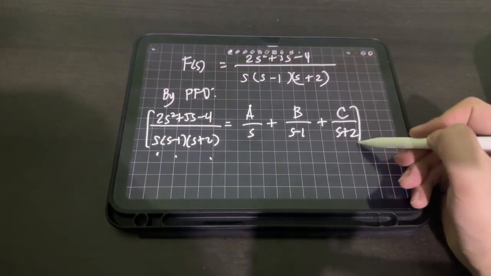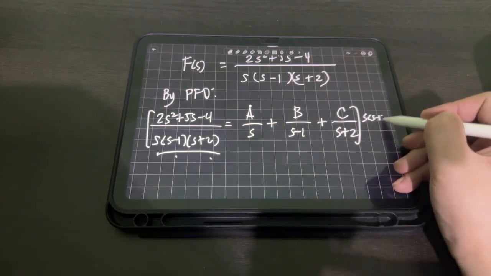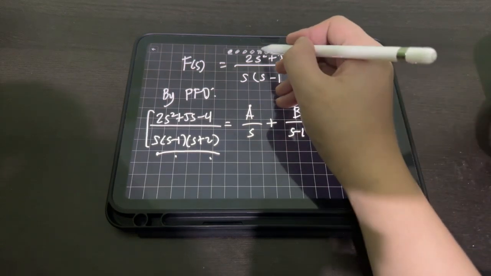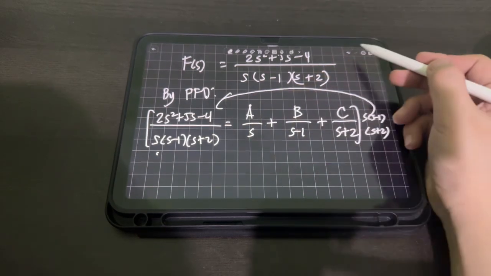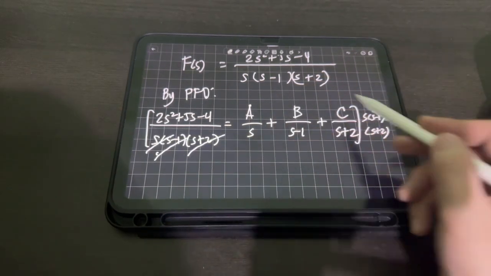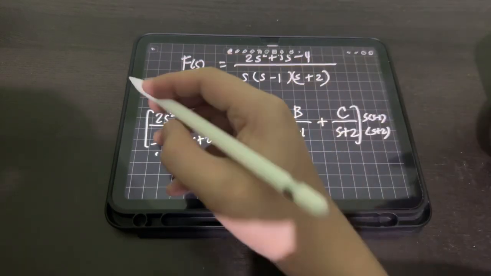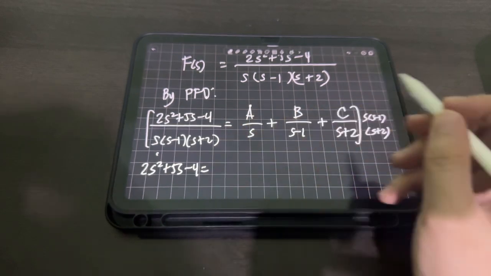So next we multiply both sides by the LCD, which is the original denominator, S times S minus 1 times S plus 2. If we multiply the left side by the LCD, we can cancel out everything. Therefore, we just have the numerator 2S squared plus 5S minus 4.